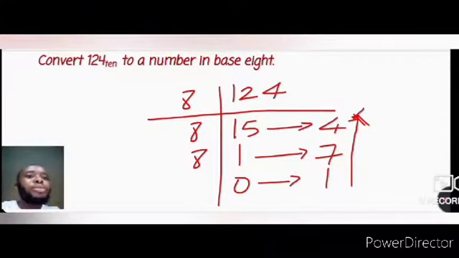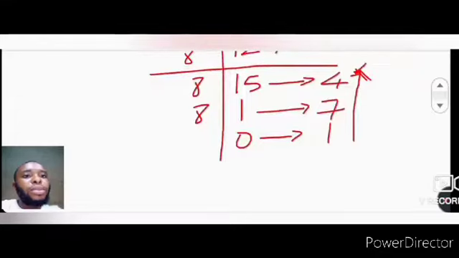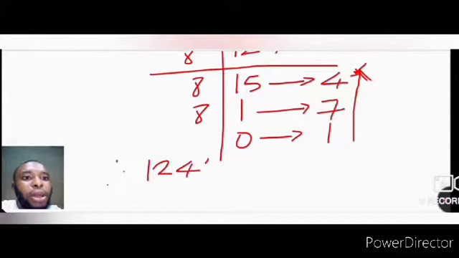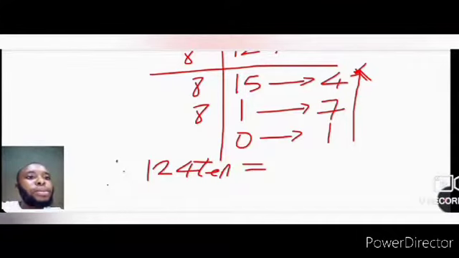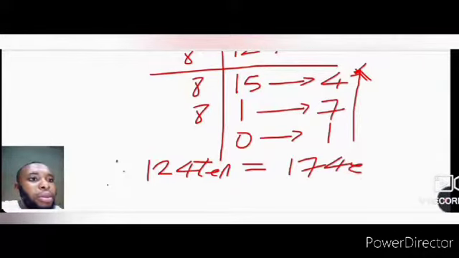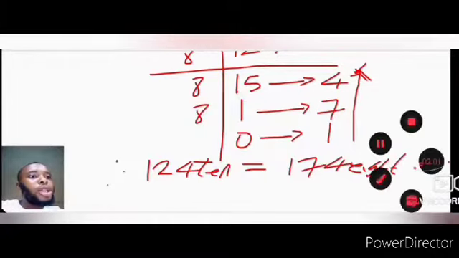Therefore, 124 base 10 equals 174 base 8. Are you getting me now? You take your solution from down here to up. So that is it. Let's look at our second example.